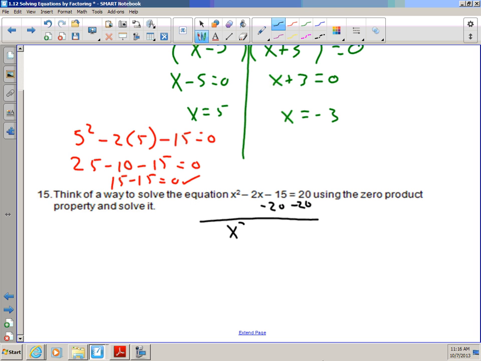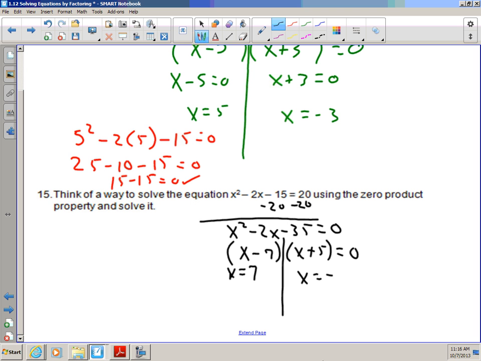Now I have an equation that's set up to use the zero product property. I will factor using I am, and you will see that my solutions are 7 and negative 5. And if you went and substituted them back into the original, they will indeed work.